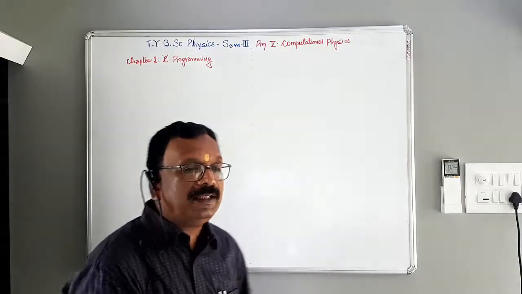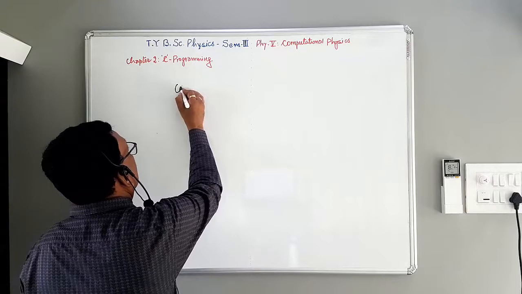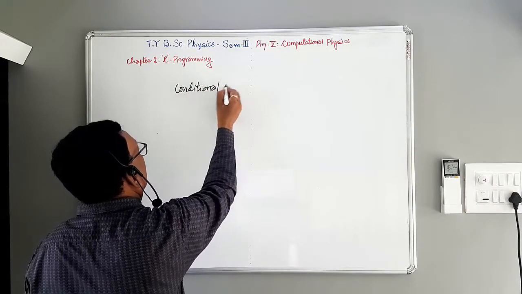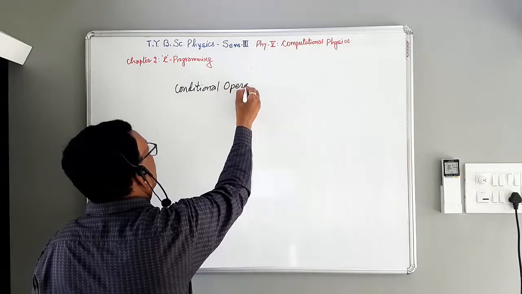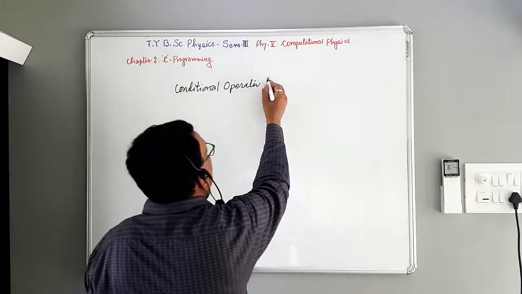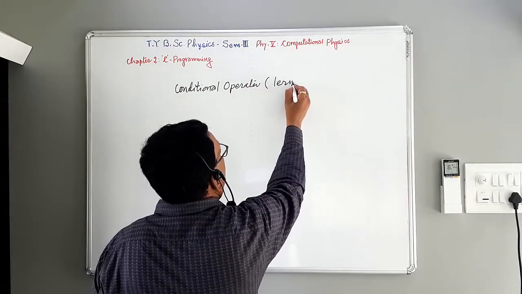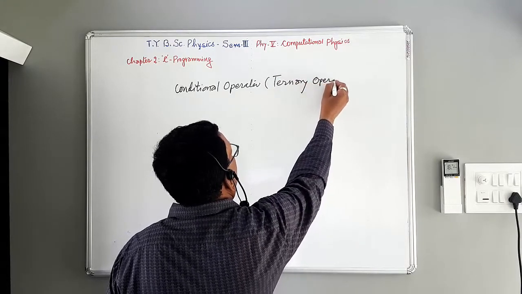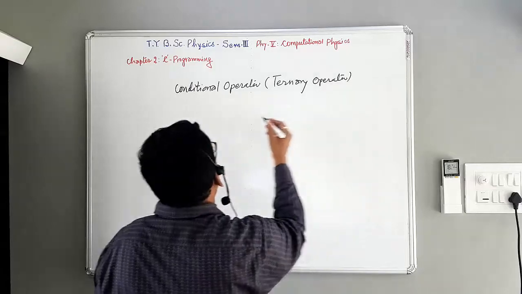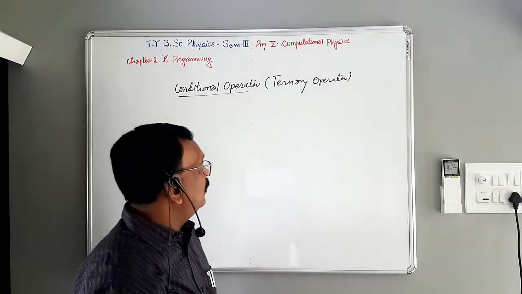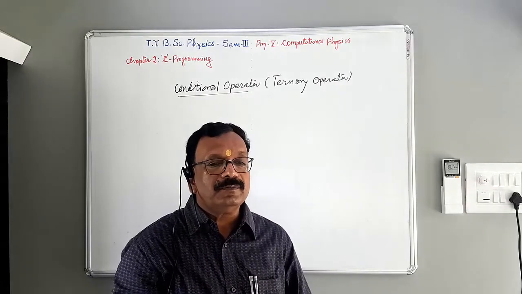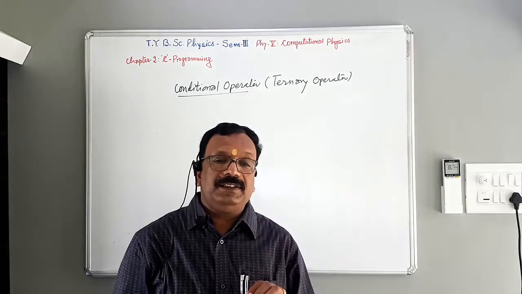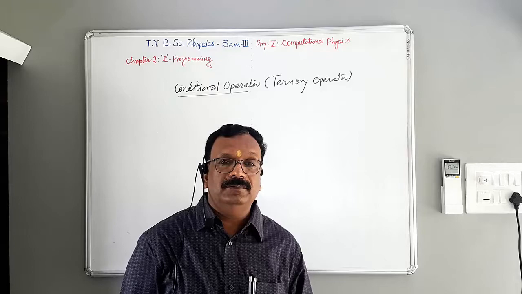Now the last operator, the conditional operator. This is also called the ternary operator. The conditional operator or ternary operator is an operator that makes use of a condition.